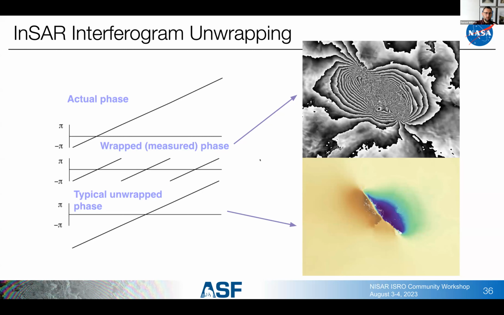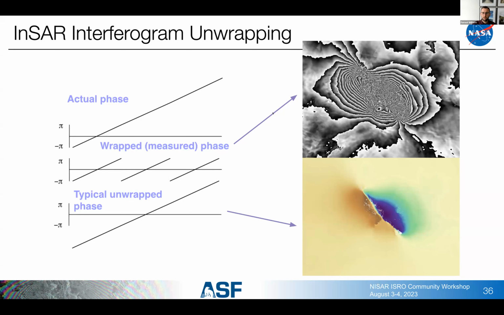And what we're really trying to do is get from this wrapped phase view of how InSAR works into a view of the actual phase, which we often will call unwrapped phase. And typically, the way that we do this is using a process called unwrapping.